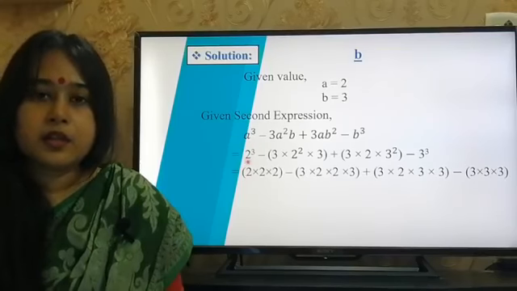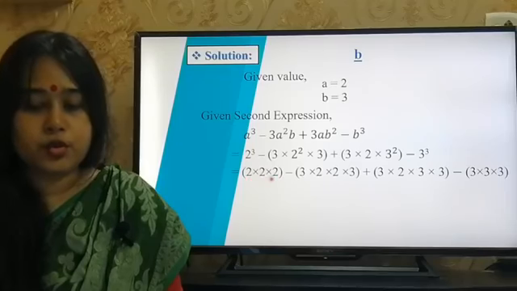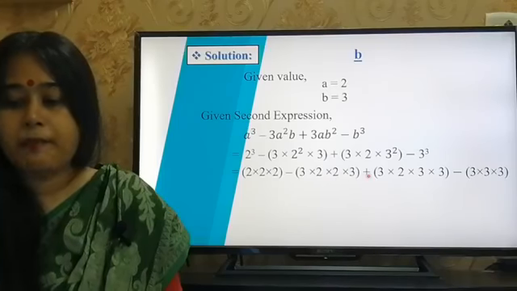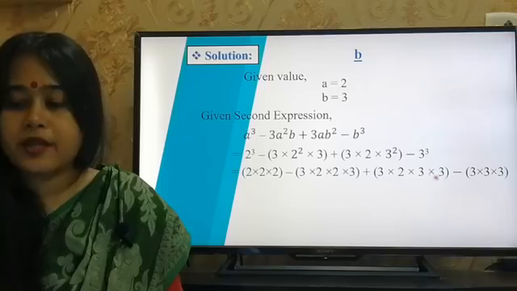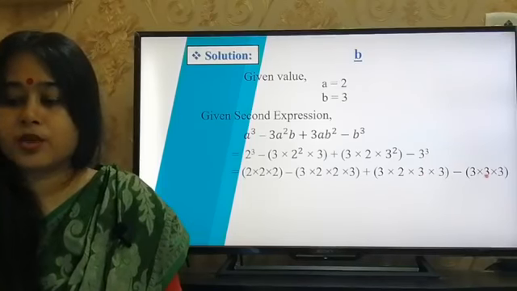And 2 to the power 3 means 2 into 2 into 2, minus 3 into 2 square means 2 into 2 into 3, plus 3 into 2 into 3 square means 3 into 3, minus 3 cube means 3 into 3 into 3.